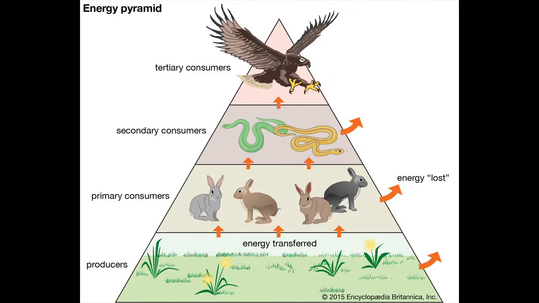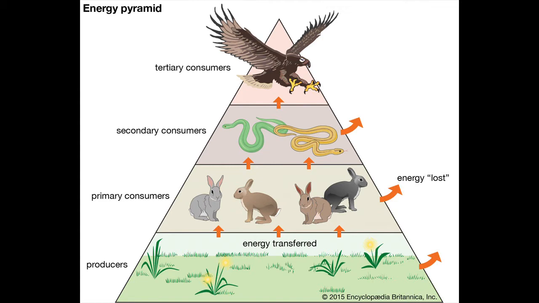This shows us an example of an energy pyramid, where at the bottom, at the first trophic level, we have producers, which are technically grass or flowers. 10% of this energy is transferred to the primary consumers, which are the rabbits that eat these grass or plants.